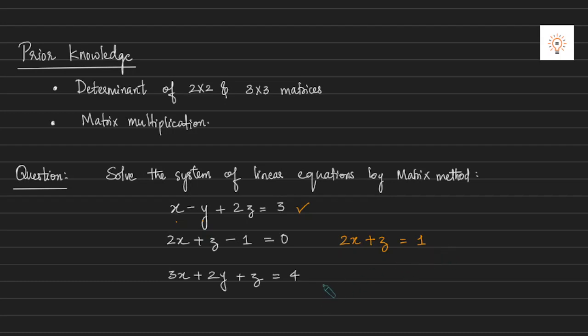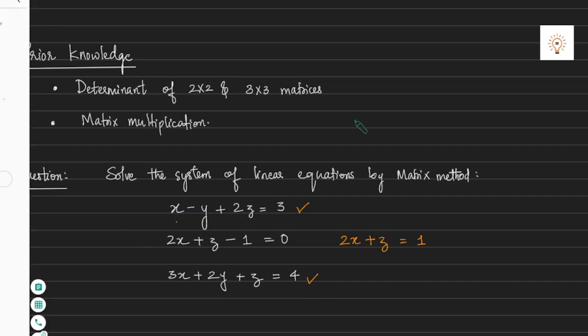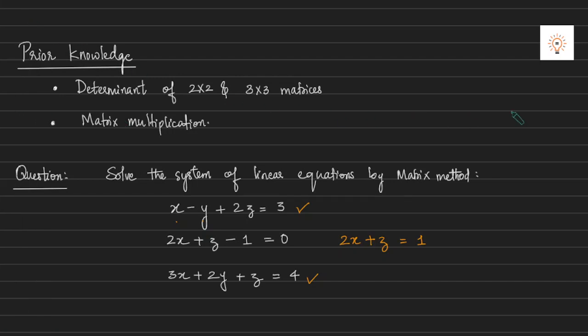The third equation is fine as well. We can see all the three variables x, y and z are on the LHS and the constant term 4 is on the right hand side. So let's rewrite the three equations once again. We get x minus y plus 2z equal to 3.